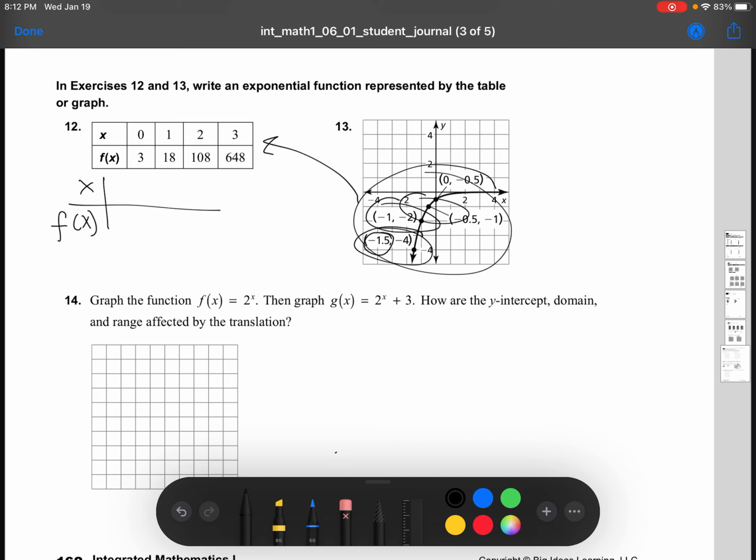When x is negative 1.5, y is negative 4. When x is negative 1, y is negative 2. Are you getting this? Look at this one. We got it here. When it's negative 0.5, the y value is negative 1. And finally, when x is 0, the y value is negative 0.5.